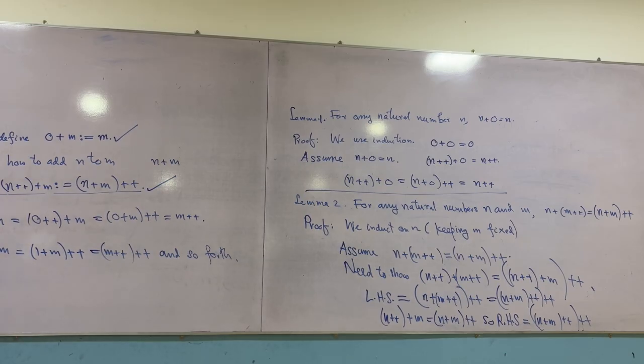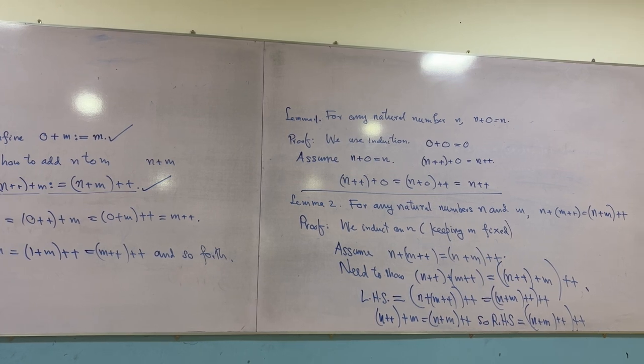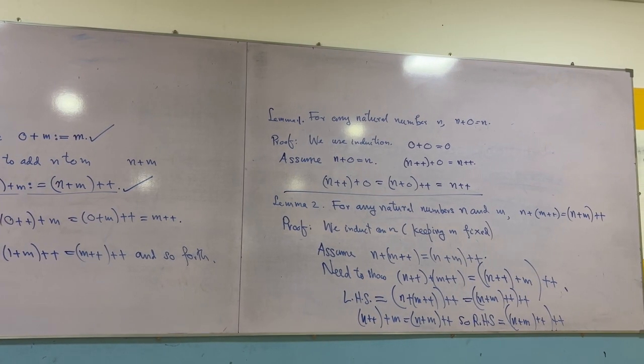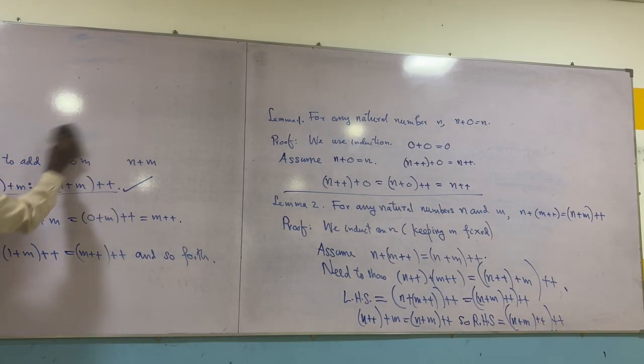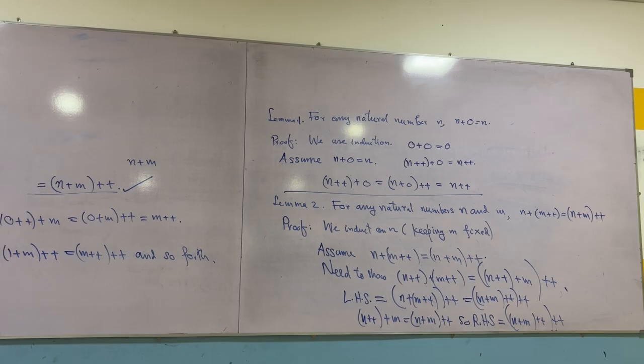Now we have to prove that for every natural number n, n plus plus equals n plus 1. I guess he hasn't proved it in his notes. I guess he is asking why. I thought of writing the proof.